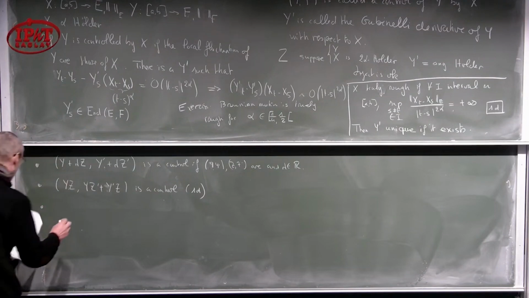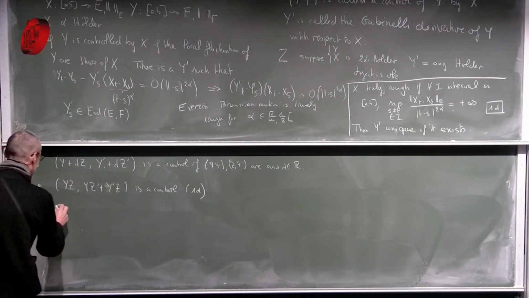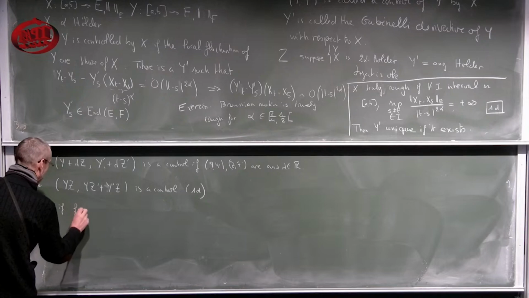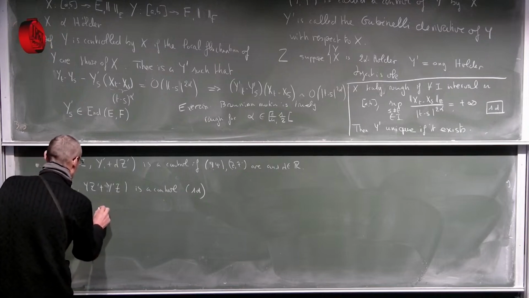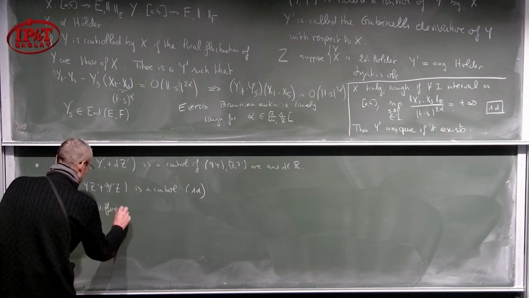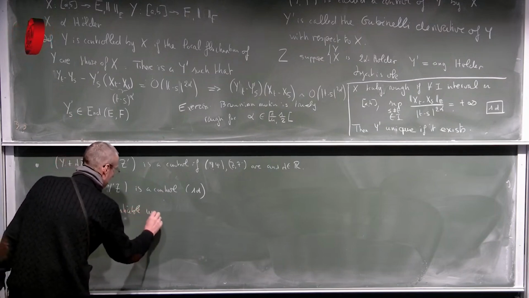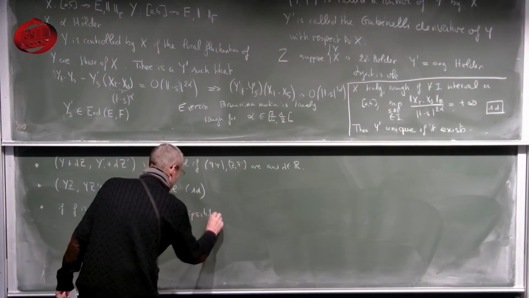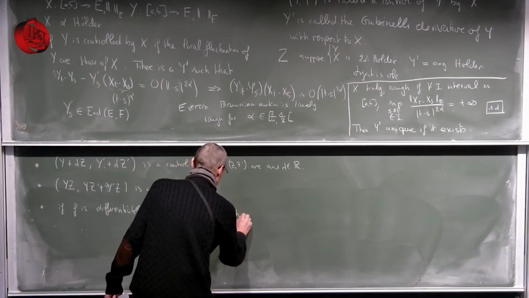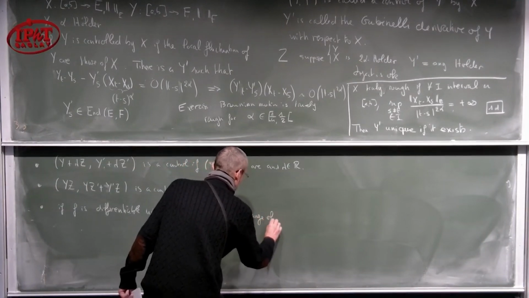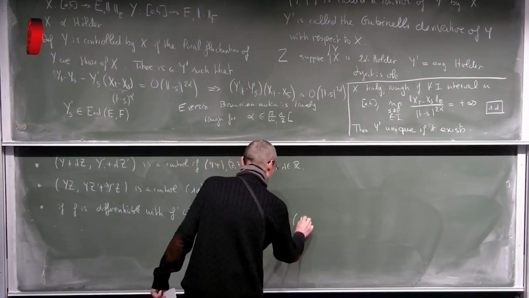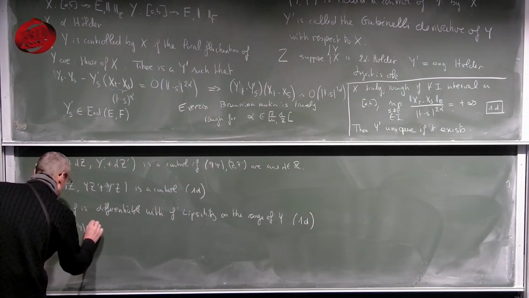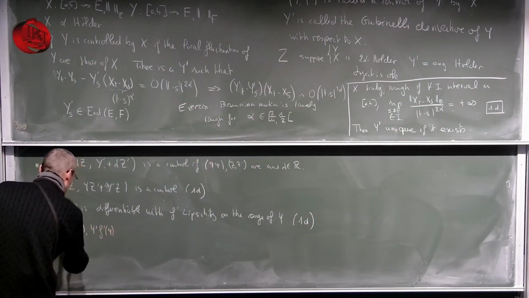And one which is not totally obvious, but which is easy nevertheless, so I will not even sketch the proof, is that if f is differentiable with f prime Lipschitz on the range of y, and again I restrain to 1D, then f of y, with derivative f prime of y times y prime, is a control.